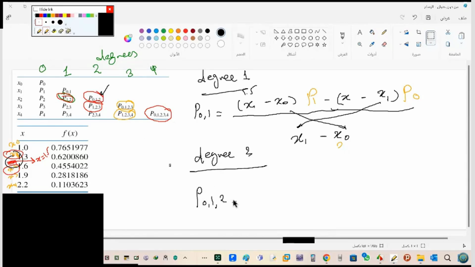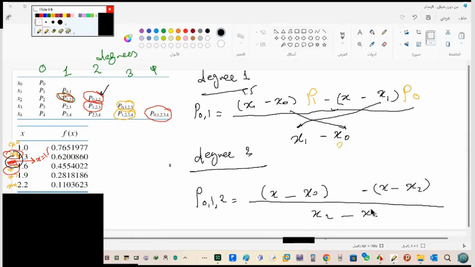B0, 1, 2. It is open brackets, x minus. First value is x0. Last value is x2 over x2 minus x0. Good. Now, what are those values? See, B02 came from this and this. So this is another value, P12, and this is the first value, B01.